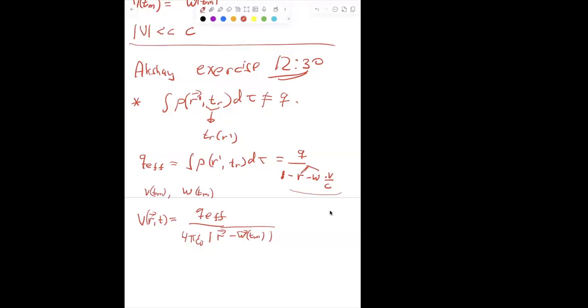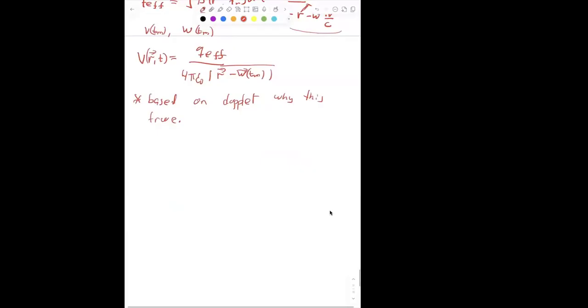He also gives a nice, simple explanation based on Doppler, why this is true. What he's trying to say is that somehow what we see is not a usual charge, but a smeared charge.